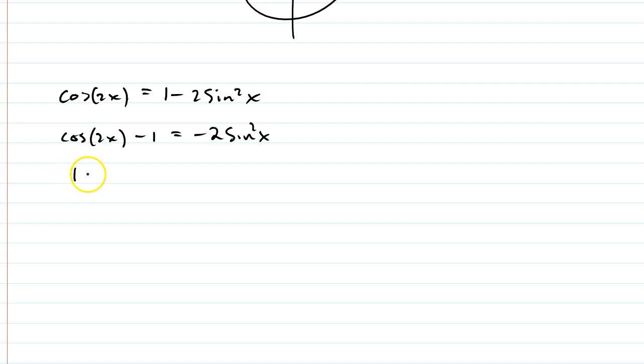So I'm going to rewrite it like this. I'm doing two things here. I am considering the negative, which is going to flip all the signs. So I flipped 1 and cosine. It is now a positive 1 and a negative cosine. And then I'm dividing by 2.